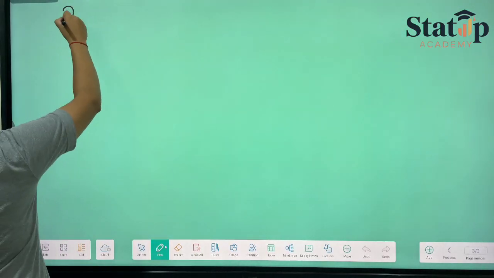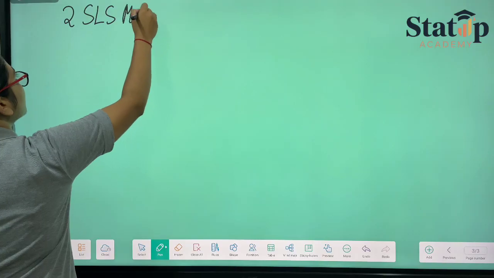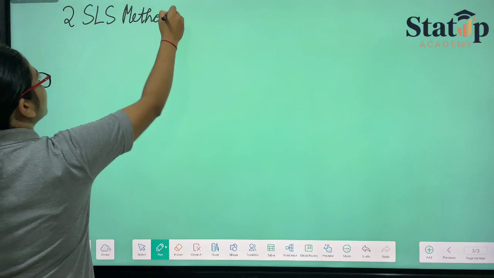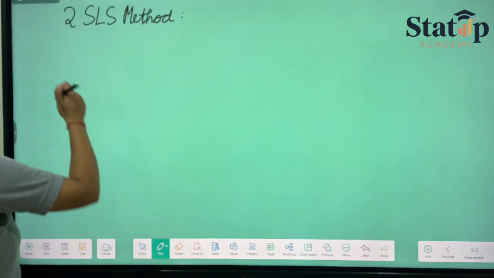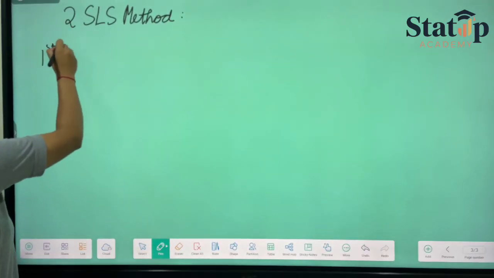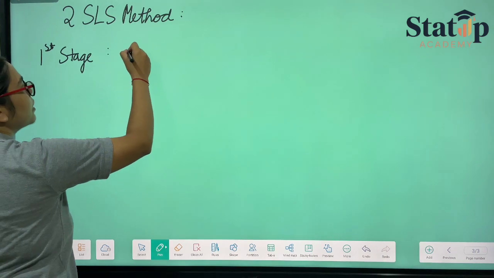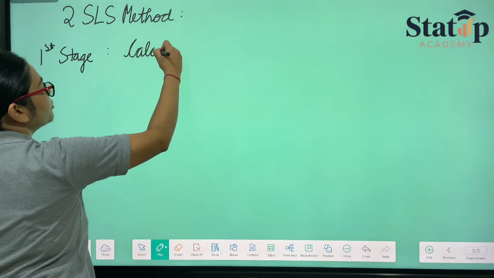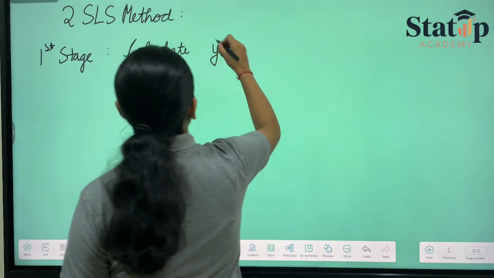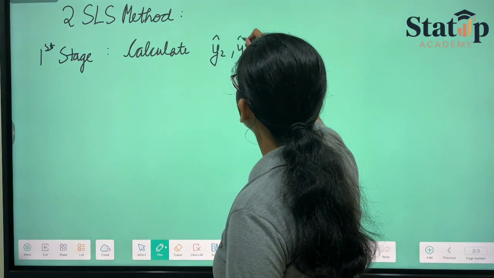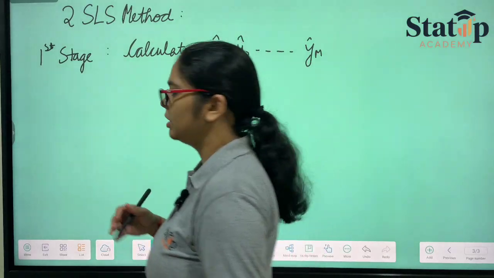2SLS method, its full form is two-stage least squares method. So in the first stage, we will calculate or predict y2 cap, y3 cap up till ym cap simultaneously.